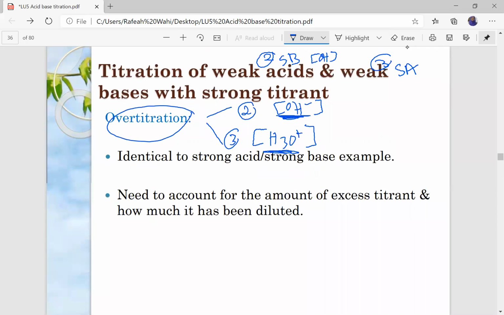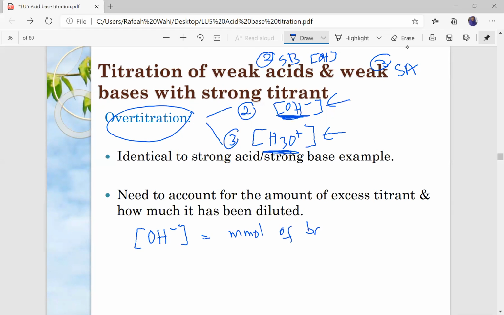So how do you calculate this? You go to the example for titration between strong acid and strong base. If I may summarize it, excess of hydroxide ion is millimole of base minus millimole of acid divided by the total volume.